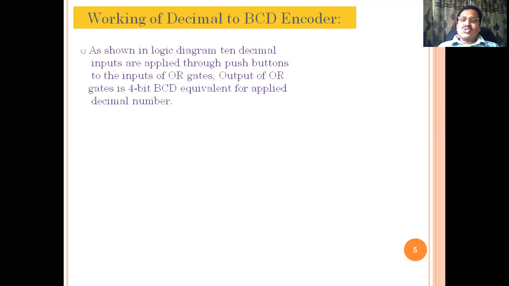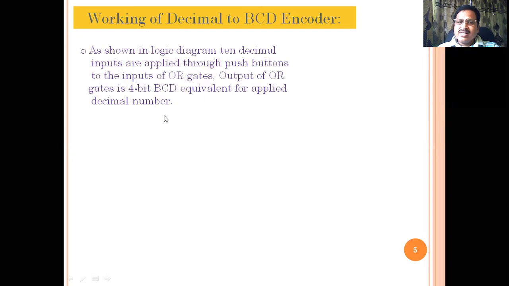We'll go now to the working of this circuit, working of the decimal to BCD encoder. Let's see here how this circuit works as shown in both of the previous two logic diagrams. What we find is every diagram has 10 decimal inputs, 0 to 9, applied through push buttons or press switches, and there are 4 OR gates whose outputs are the 4-bit BCD equivalent for the applied decimal input.